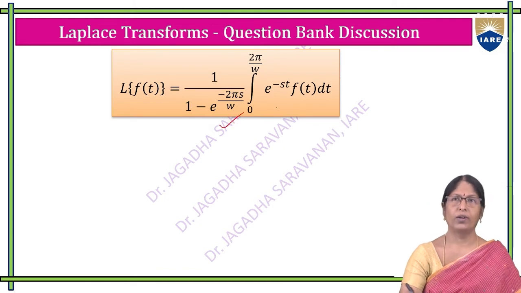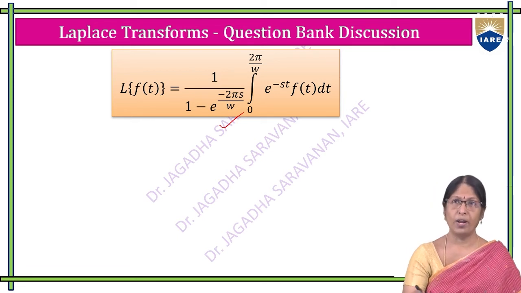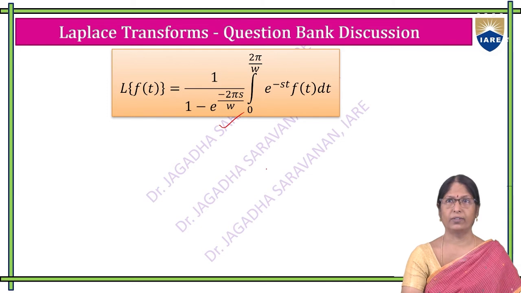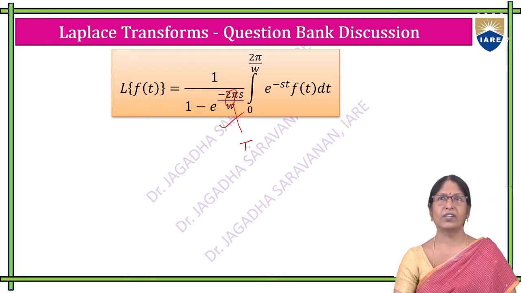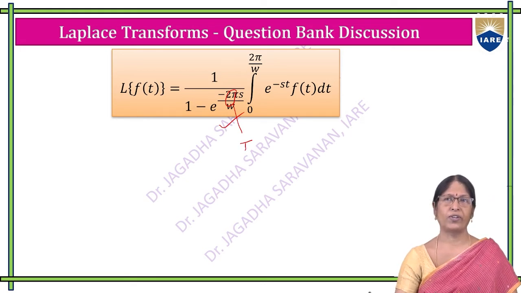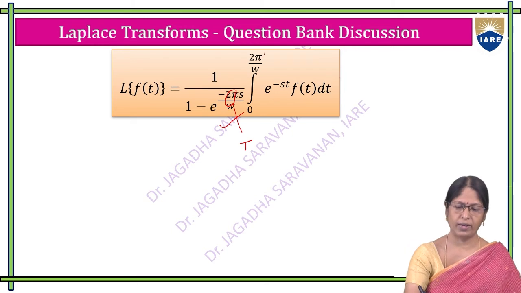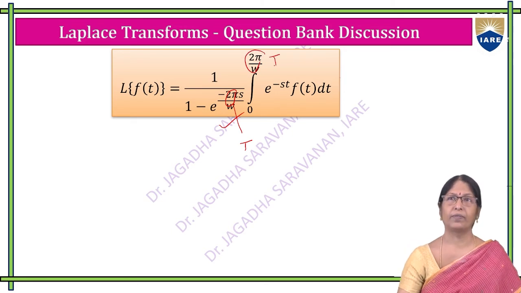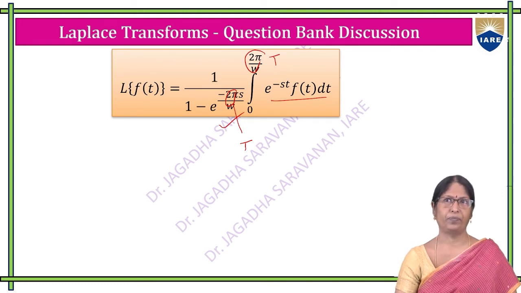Now the Laplace transform of the periodic function formula is 1 by 1 minus e power minus sT, where this is nothing but capital T, that is the period. The integral from 0 to T of e power minus st f of t dt.